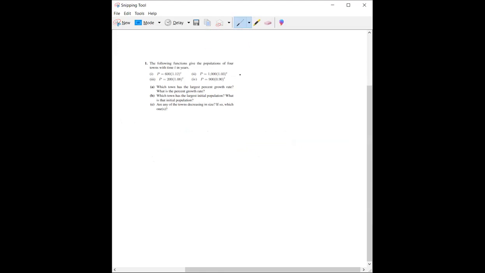The following functions give the populations of 4 towns with time t in years. Which town has the largest percent growth rate? 1. Yes, what is the percent growth rate? 12. Mm-hmm.